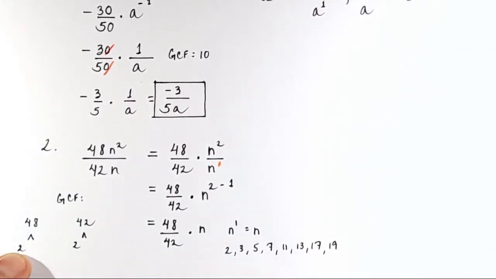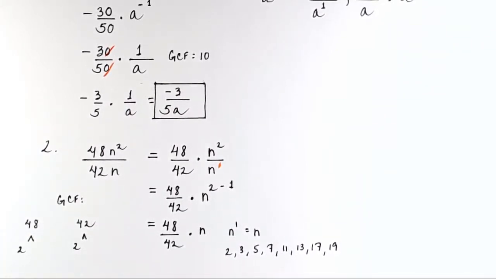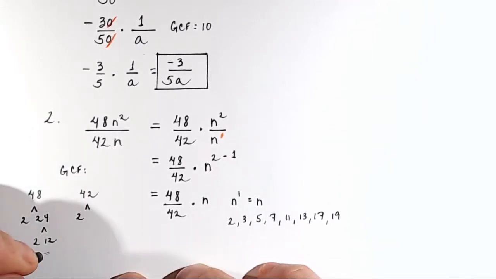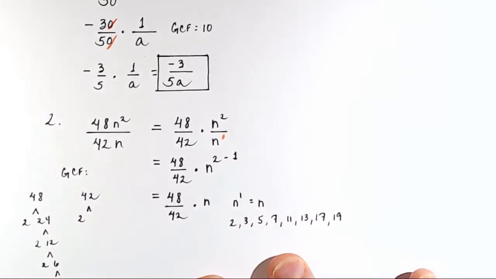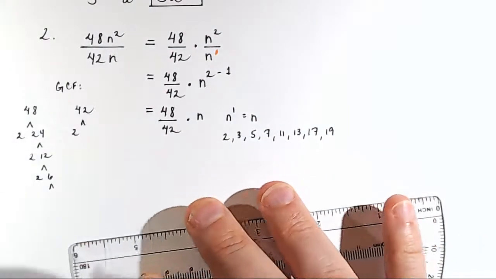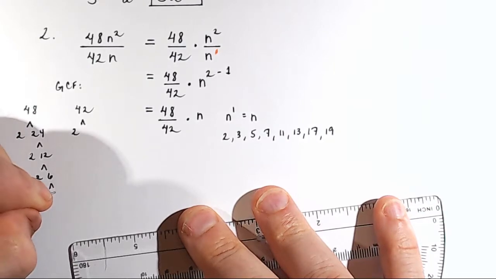What is 48 divided by 2? It's 24. Let's break down 24 into 2 times 12. Let's break down 12 into 2 and 6. And we'll break down 6 into 2 and 3.